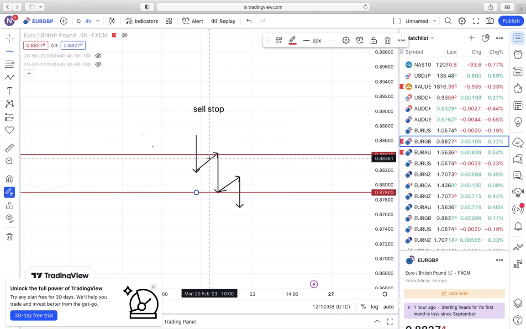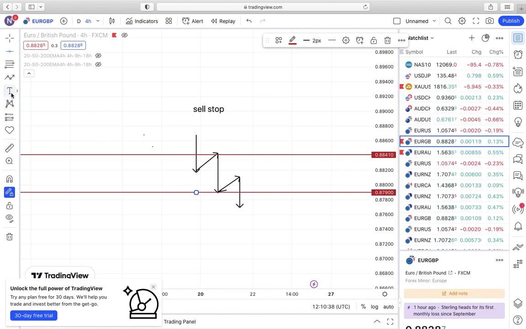You anticipate that the price, the way it is moving down on a bearish momentum, will continue. You set a price below the current price, and if your analysis was good, when the price reaches that place, it will continue selling.